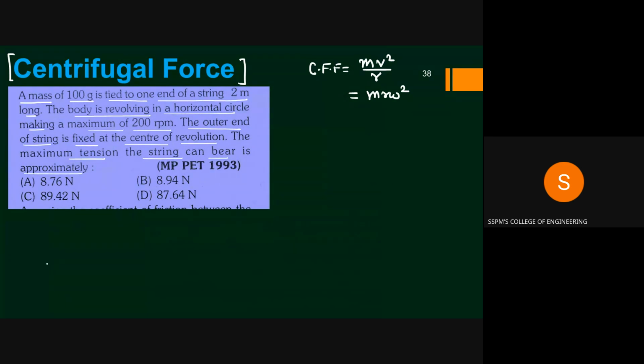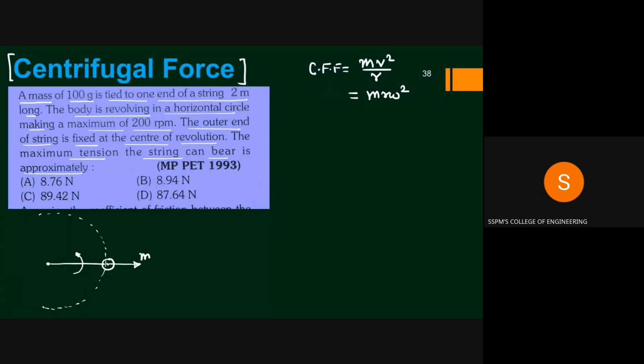If you draw the diagram, this is the center point, this is the string, and this is the mass connected to the string. Now this mass is revolved in a circular path. Because of this revolution, there will be a centrifugal force.